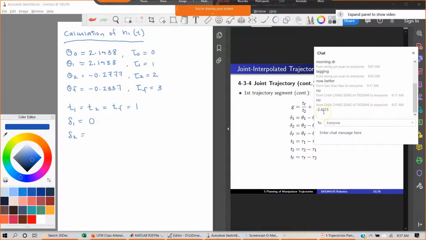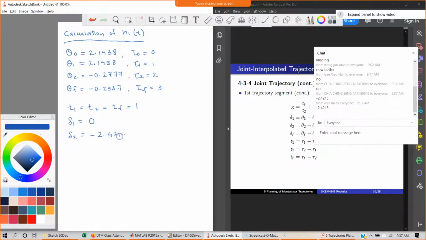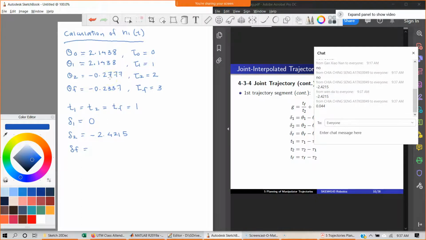Wow, so fast. Minus 2.4215. Okay, good, thank you. How about delta f? Delta f is this one minus this one, right? 0.044. Alright, good.